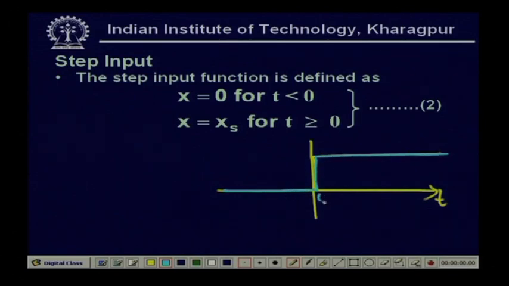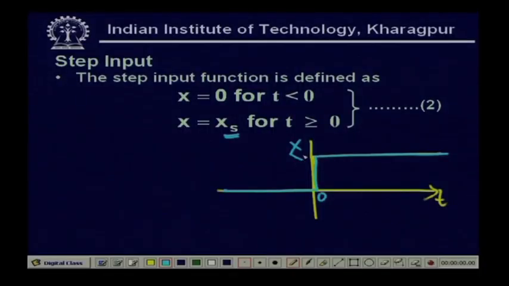So, this is our 0, that means at t less than 0, x equal to 0, and for t greater than 0, x is a constant, x s, which I want to signify as the steady state value of the input. I want my output to be exactly equal to x s, because that is the steady state value, right.